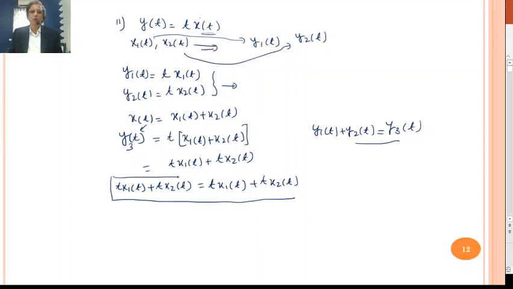Now if we observe this equation, the left hand side equals the right hand side. As both sides are equal, hence we can say that the given system is a linear system.